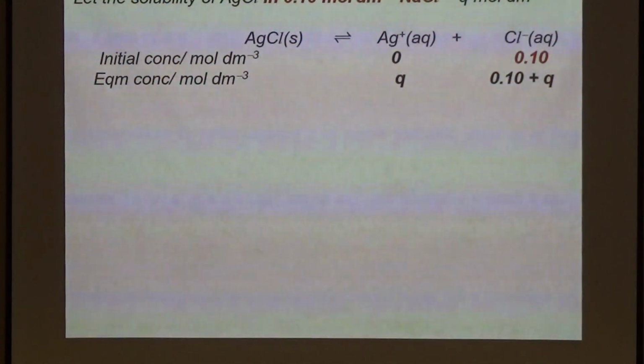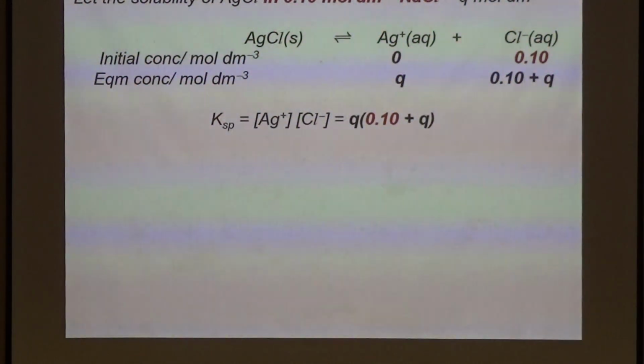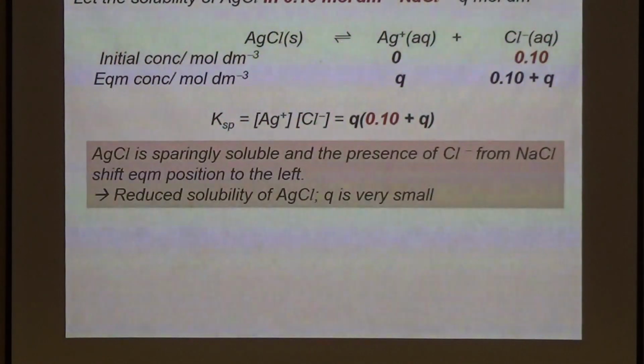Therefore, when the silver chloride dissolves, let's say it's Q, then the chloride is 0.1 plus Q. So the KSP expression is Q times (0.1 plus Q). Here again you can make an assumption, because Q is going to be very small, much smaller than 0.1.